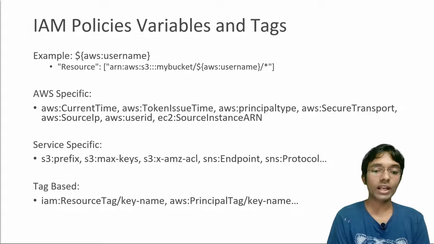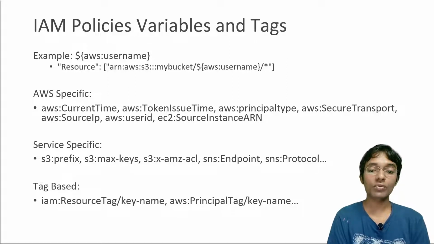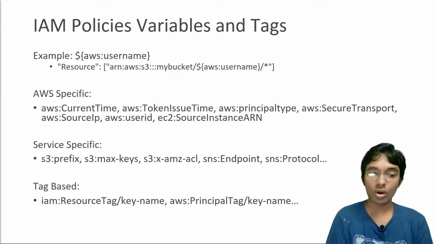And finally, you can have tag-based policy variables, for example, resource tag slash key name or principal tag slash key name, and so on. You can start having some really powerful IAM policies. This is why I would encourage you to use the link I've included in the slide to look at a few of them and try to understand them, so you can see the whole range of what can be done in IAM.